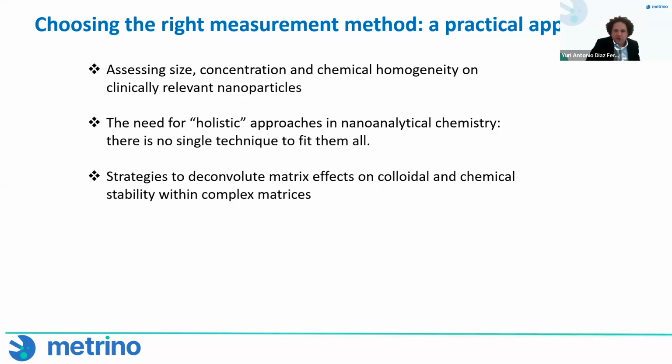Okay. So in this second part of our talk, we're going to showcase some examples from Metrino, examples of the research that we have been doing in Metrino, in which we were focusing on applying these metrology approaches to assess critical quality attributes of nanomedicine, especially in terms of size, particle concentration, and chemical homogeneity.